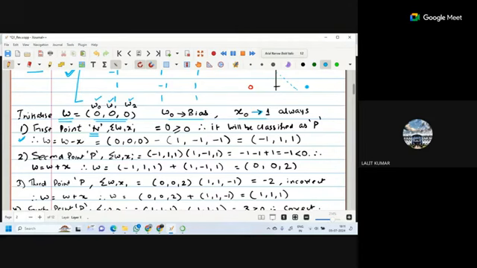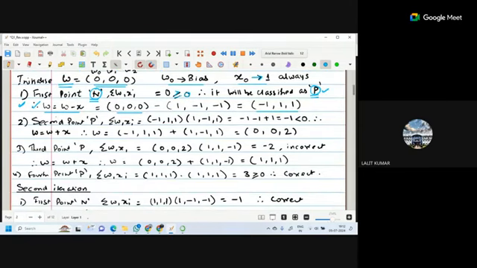For this W, it becomes 0, and this meets the condition 0 is greater than or equal to 0, so this point will be classified as positive. This is the case where a negative point has been classified as positive, so we update W by doing W is equal to W minus X. The new W will become minus 1, 1, 1.